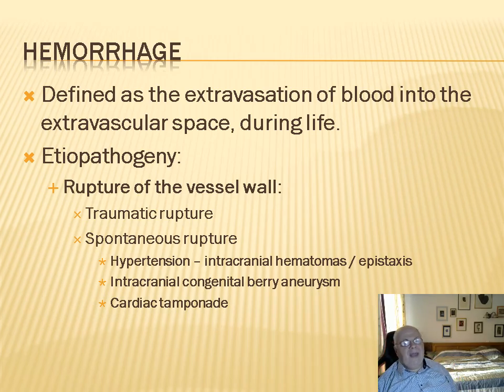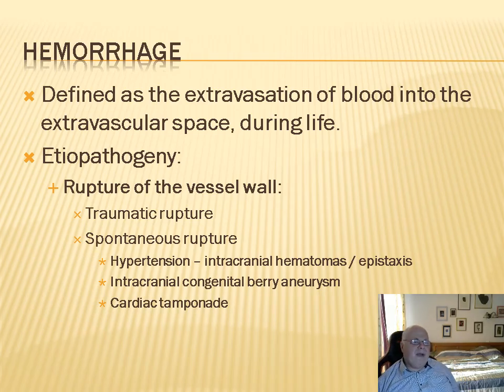This "during life" is important because when we cut the organs during autopsy, obviously the blood flows out from these organs, and this is not a hemorrhage because it's happening after death. Only during life, when such a leakage of blood outside the blood vessels happens, it's called hemorrhage.